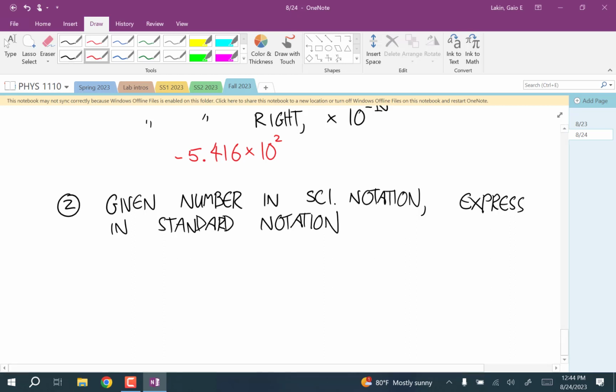Okay, so for this one, I'm going to use the example 6.52 times 10 to the minus 4.